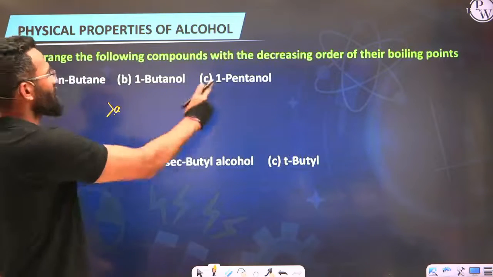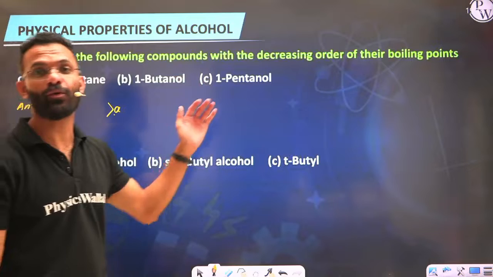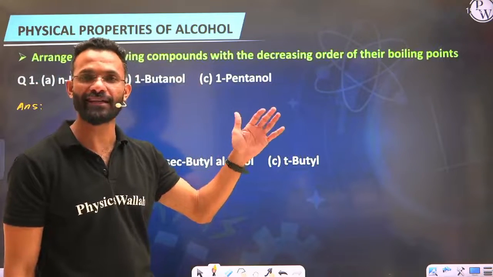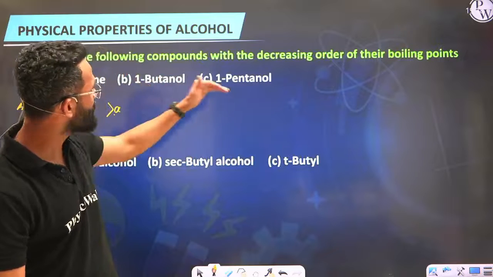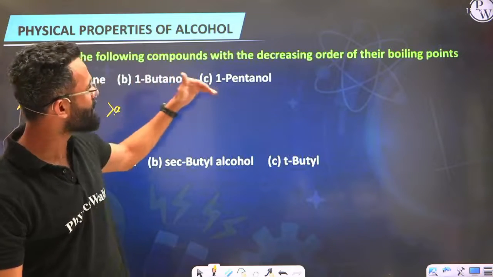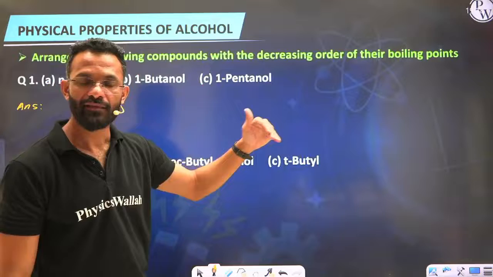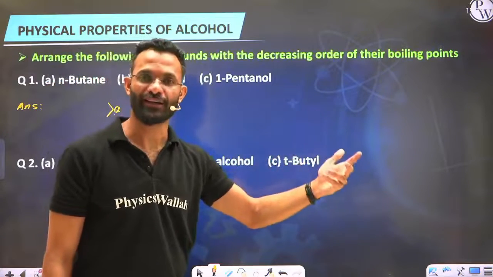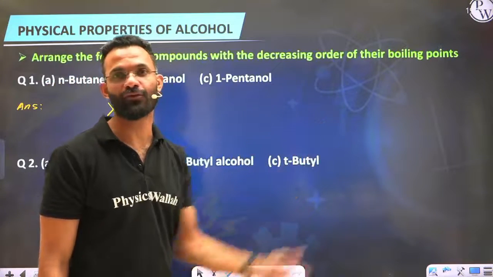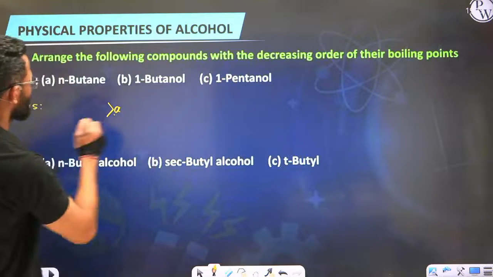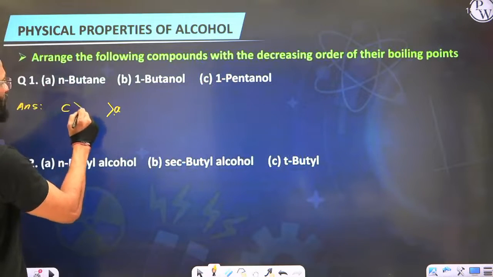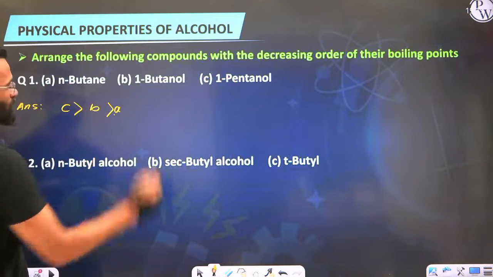Now between B and C, both have the functional group OH, so hydrogen bonding tendency is the same in both. But as the number of carbons increases from butanol to pentanol, the van der Waals force of attraction will increase. More the van der Waals force of attraction, higher will be its boiling point. So C will have the highest boiling point as compared to B, as compared to A.